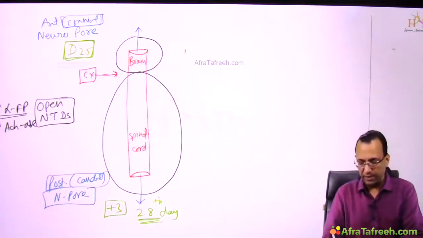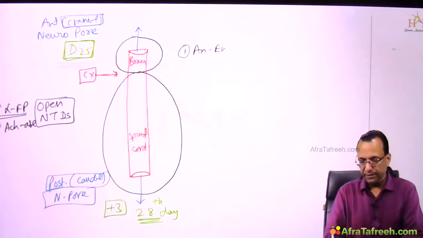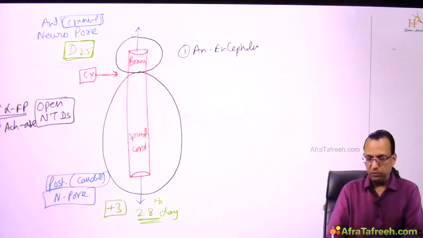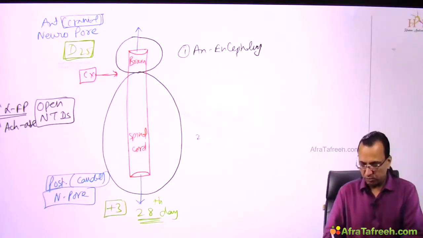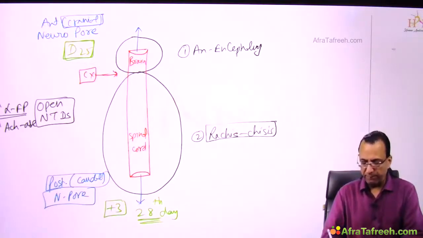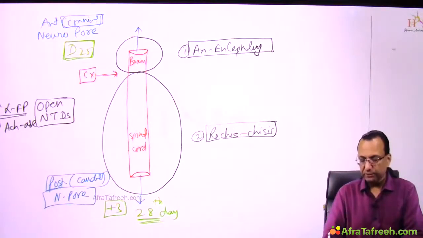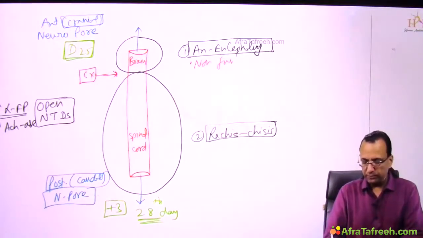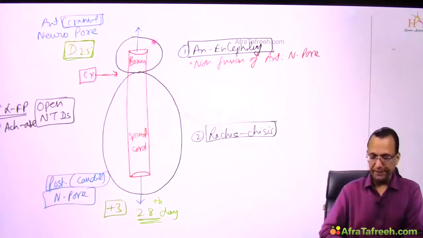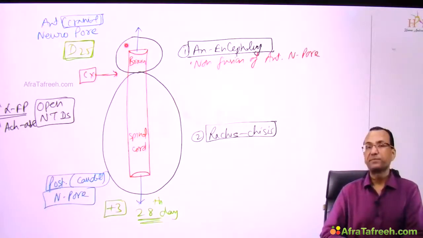Problem number 1 could be anencephaly, or problem number 2, it could be rachis. So the baby might have anencephaly or rachis. If there is non-fusion of the anterior neuropore, the brain will not develop properly, leading to anencephaly.